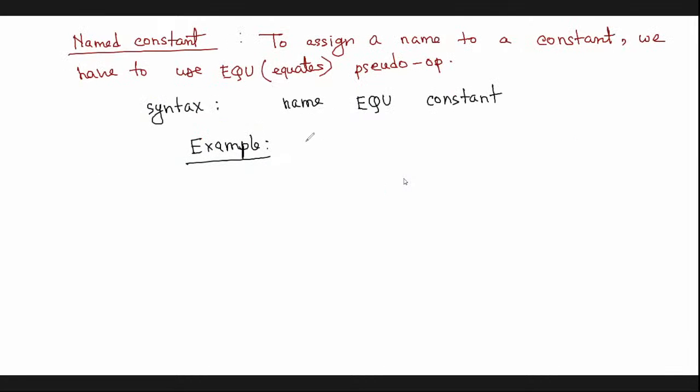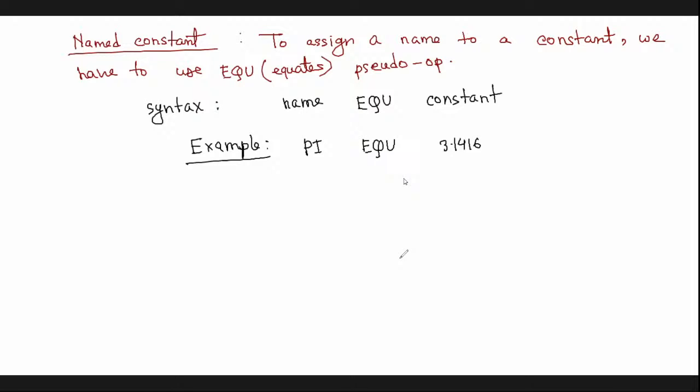You write the name, pi, then you write EQU, which means it is a constant value, and then you assign the value, 3.1416. Done. This pi value you can later use anywhere in the program. If you have a 30 line program, you can recall that pi value anywhere in that program. That is how we assign a constant value.